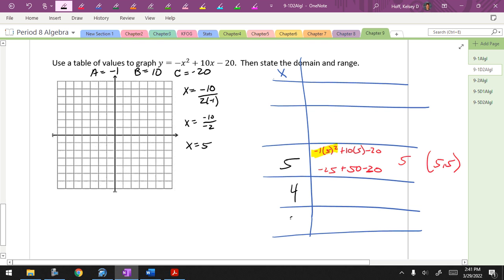4 and 3, 6 and 7. Okay, you guys take 6 and 7. You guys take 3 and 4. Okay?